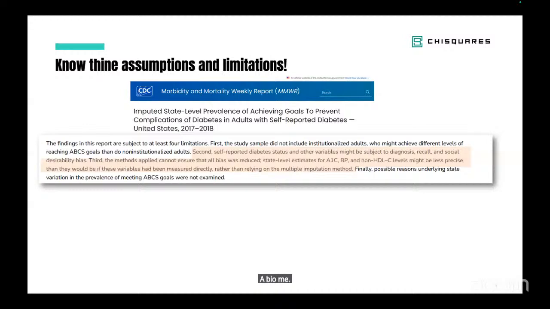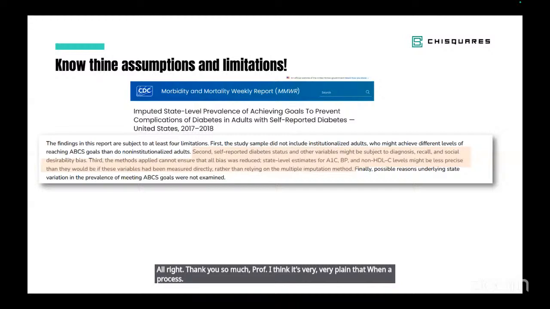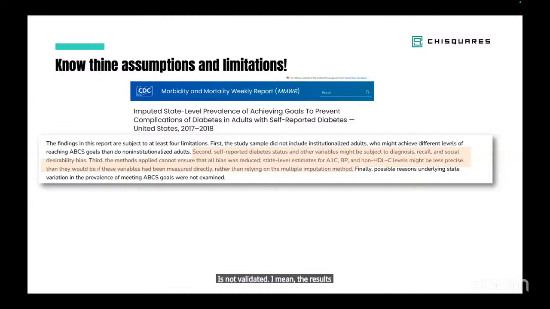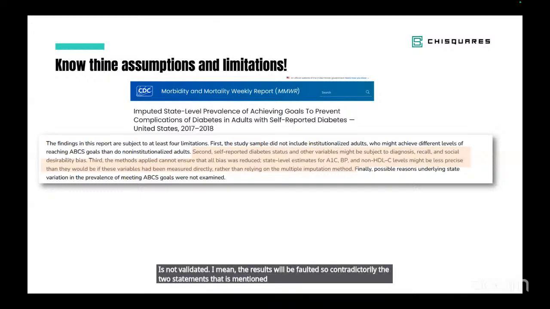I think it's very plain that when a process is not validated, that means the results will be faulted. So contradictorily, the two statements mentioned there are saying that yes, the process we used to collect data is faulty.